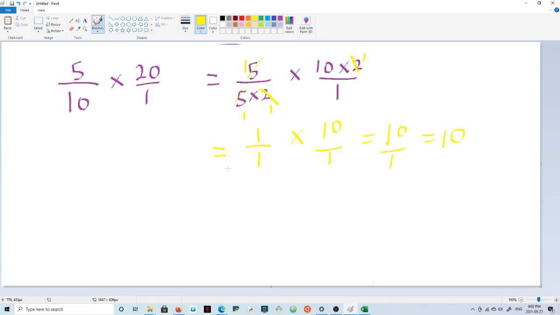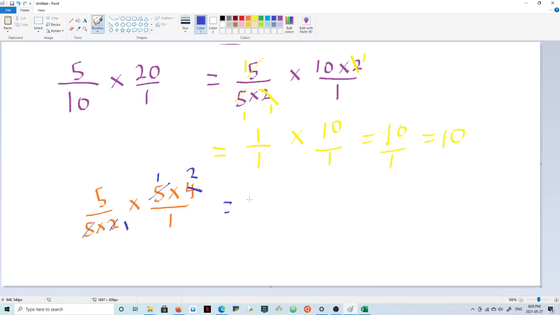Now, the other way you can work this out is to say that 5 upon 5 times 2, times 5 times 4 upon 1, and this here is also going to give you this 5 cancel with this 5, and this here is 2 upon 2 times 2, so this is 1.